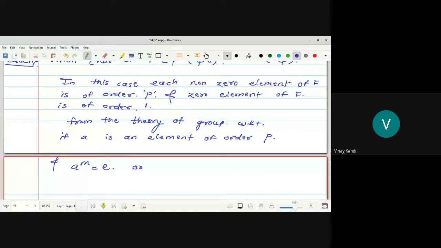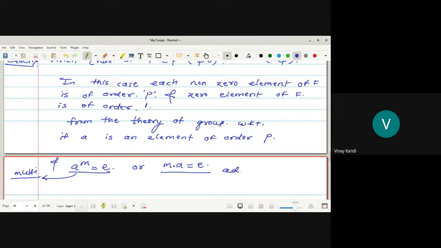Okay, in multiplication notation, or m into A is equal to e in addition notation. ओके, हा तुमचा मल्टिप्लिकेशन नोटेशन. ओके, हा एडिशन नोटेशन.